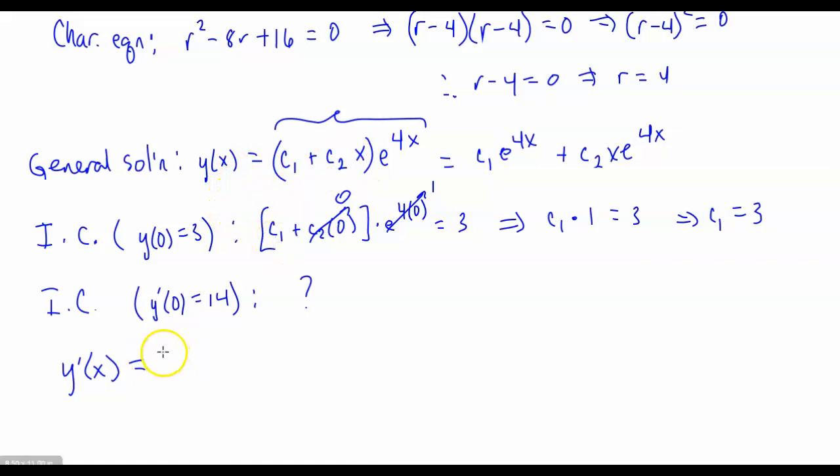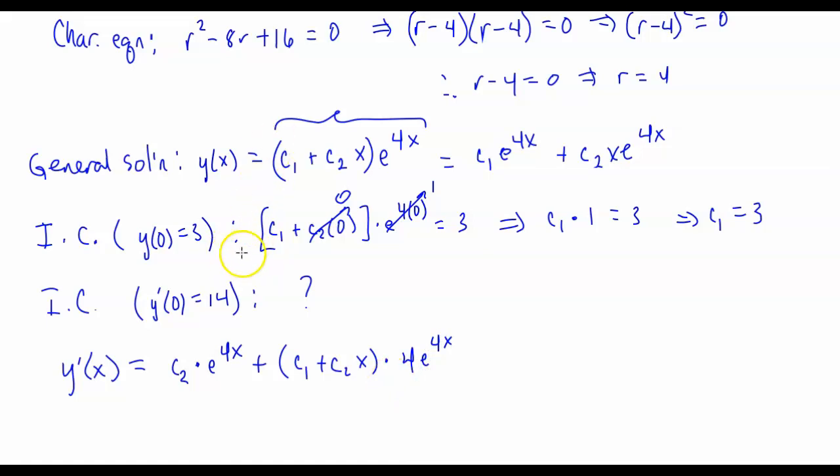So I'm going to take the derivative of the first. So derivative of any constant is 0. The derivative of c sub 2x is just c2. That derivative of the first times the second plus now first times derivative of the second, which is just 4e raised to the 4x.